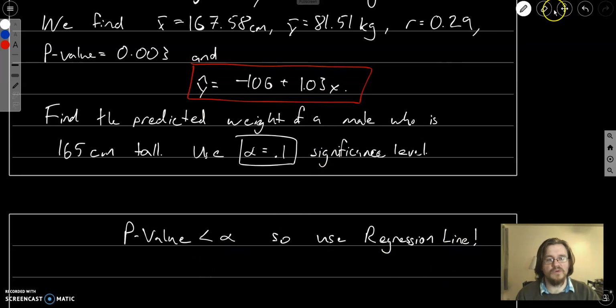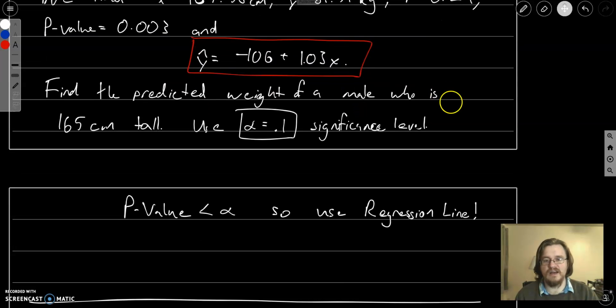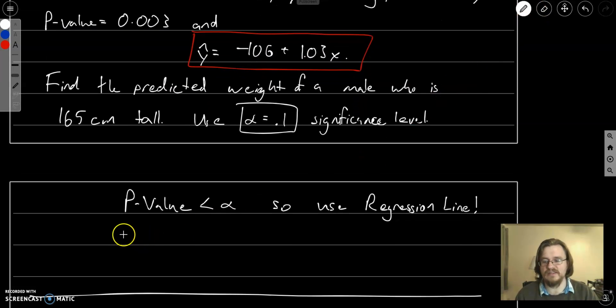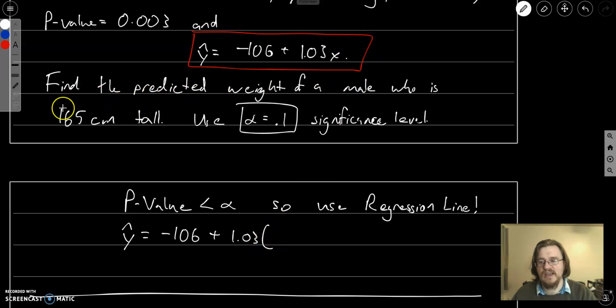Cool. So in using this, we can just plug this in and use it. So y bar is going to be our predicted value for the weight, and that's just going to be negative 106 plus 1.03 times x. X is the height, and what we're predicting is the weight for a man who's 165 centimeters tall.